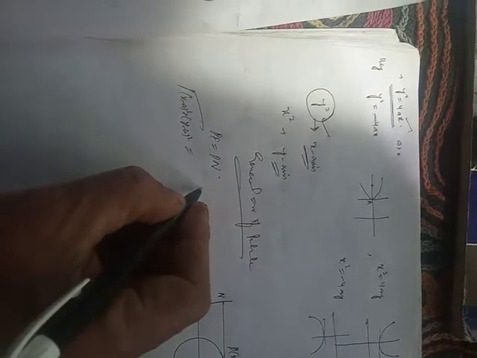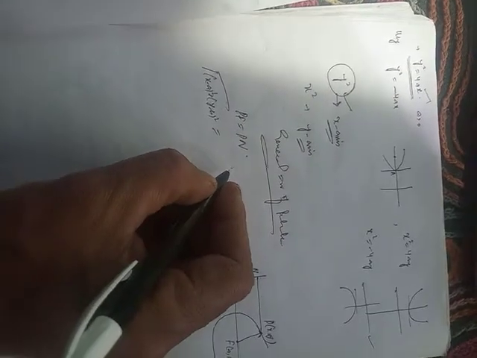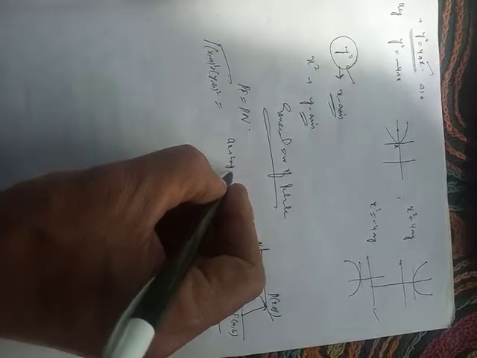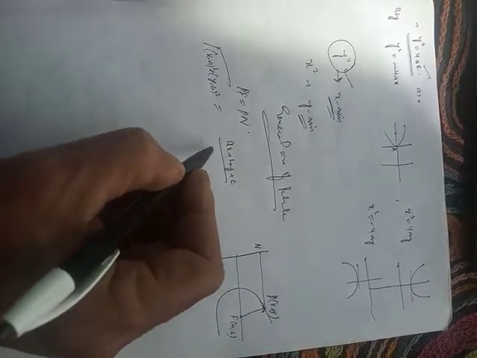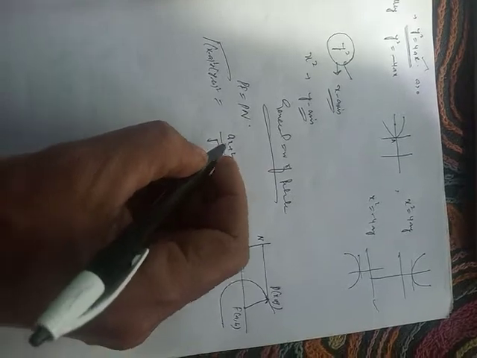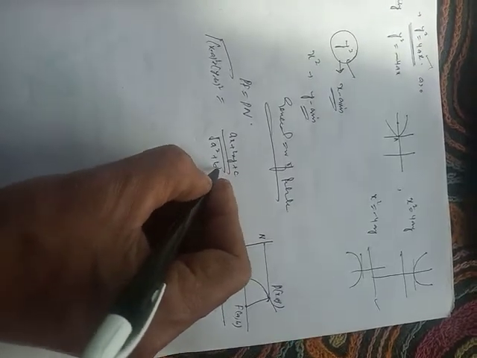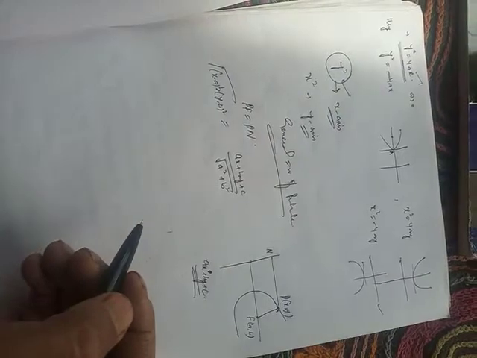Sometimes we write the modulus, it is ax plus by plus c divided by under root coefficient of x square, that is a square, plus coefficient of y square, that is b square.